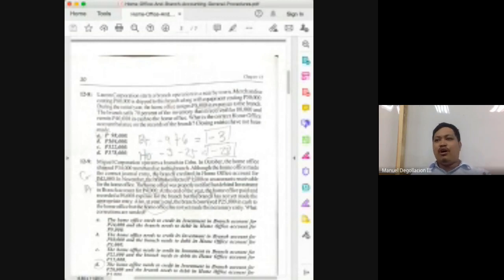Your shipments from home office, class, is basically a temporary account also that essentially serves the same purpose as your purchases. But what's the difference? Purchases are for those goods that you have acquired from outside parties. Your shipments from home office are obviously for goods that you have received from the home office. But what do they represent? They represent an inflow of inventory or goods.